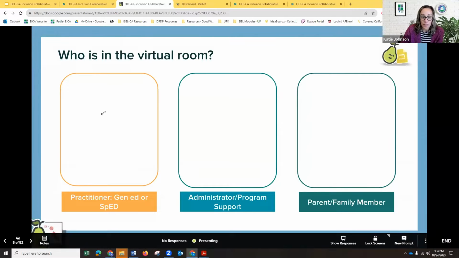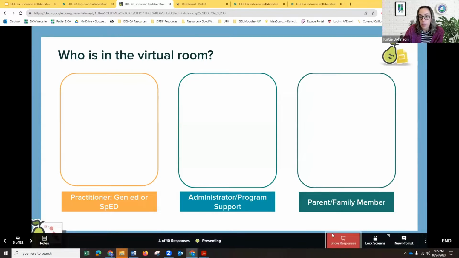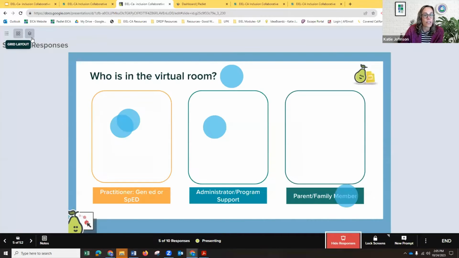Great. So here's our first learning experience with Pear Deck. On your screen of Pear Deck, you should see this happening, and you should see a dot. I would love it if you could put your dot into one of these boxes, and then we will be able to look at us together to see where everybody's at.